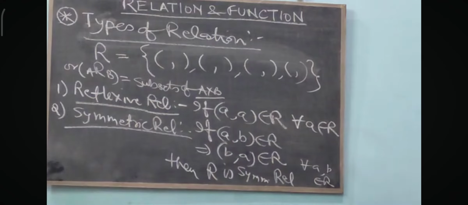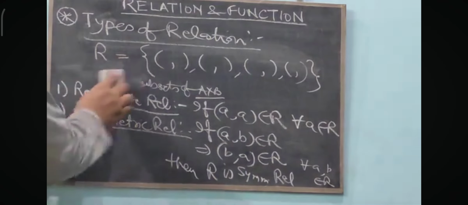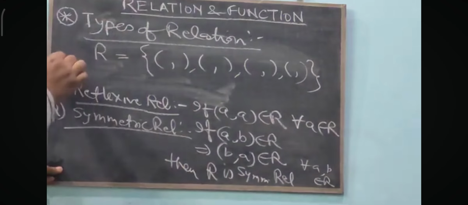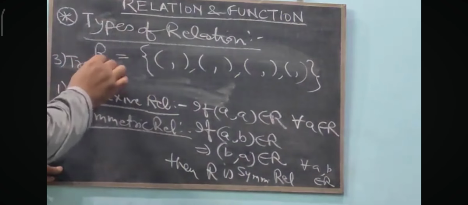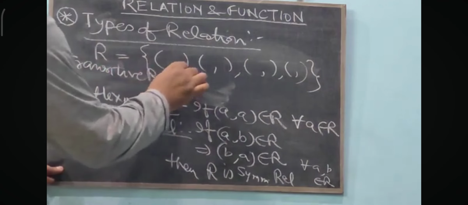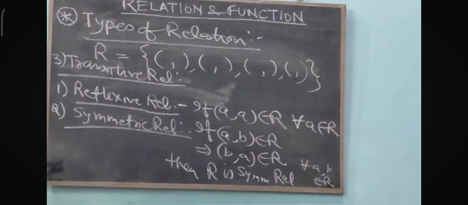Now there is the third one. It is transitive relation. What does transitive relation say?